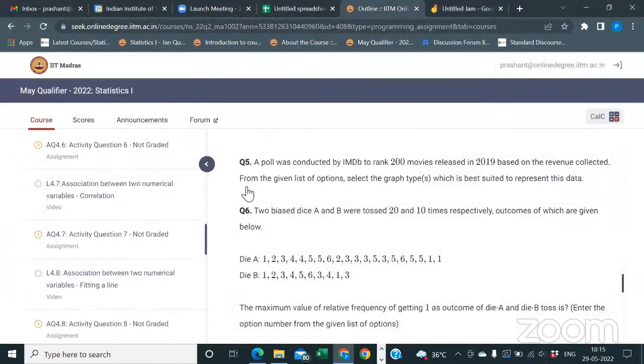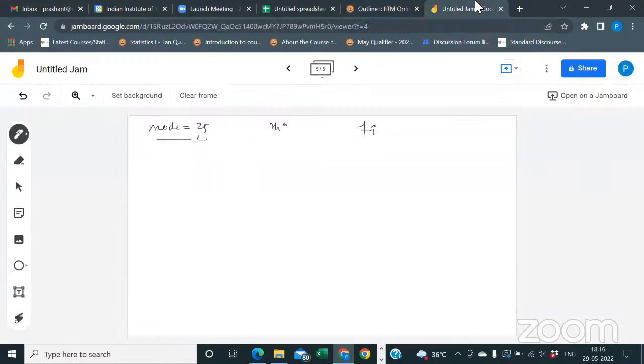Number on cards means, suppose number on cards is 1, this is equal to number of cards. Number on cards is 2, then number of cards is 2. Number on cards is 3, number of cards is 3, up to 25. So the card with number 25, how many are there? 25 in number.